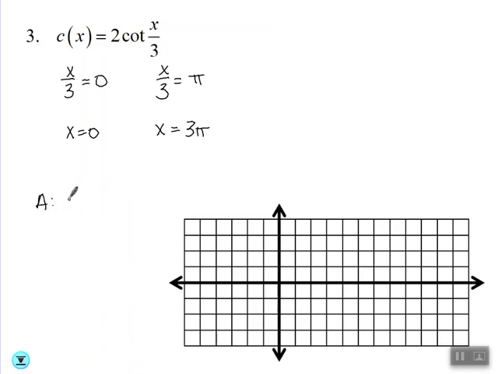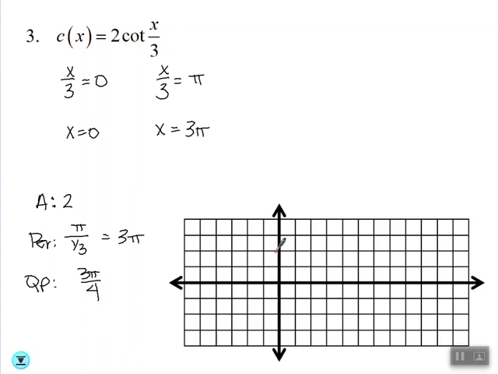Here, our a value is 2. The period is going to be pi divided by 1/3, which is 3 pi. So our quarter period is 3 pi over 4. And we do not have a horizontal or vertical shift here.